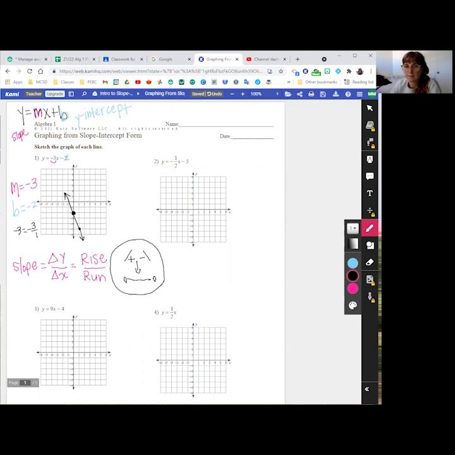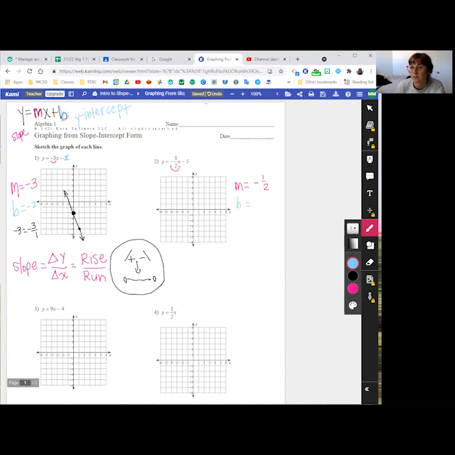Let's look at the next example. So my first step is still to figure out my slope and my y-intercept. Remember, the slope is the number right before the x, the coefficient of x. So in this example here, it's going to be negative 1 over 2. And then my y-intercept is the constant term.